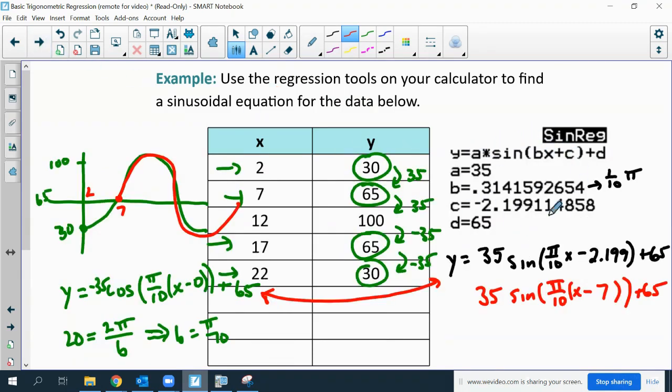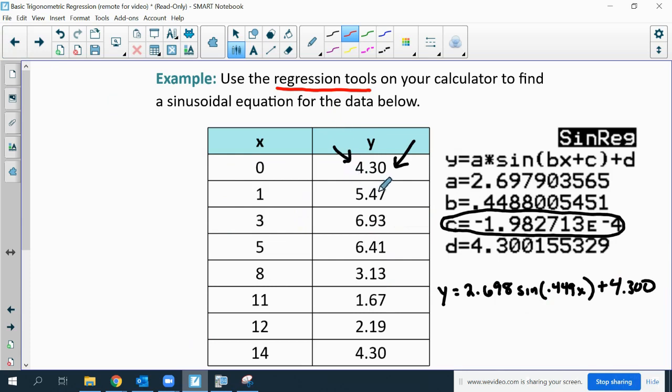Whereas this one fit it perfectly because my data matched up perfectly with the exact amount of shifts and the exact amount of stretching that would make this work out exactly. But regression equations don't have to do that. Regression equations do have the ability to give us a best guess when things don't work out exactly perfect, like many times they don't.